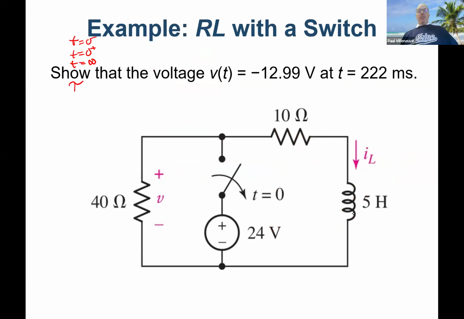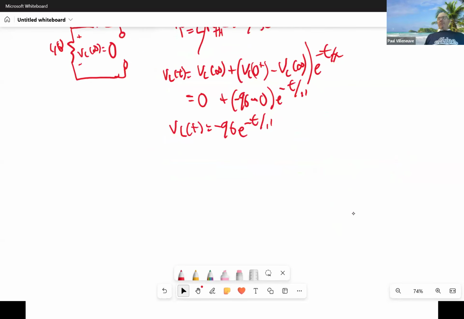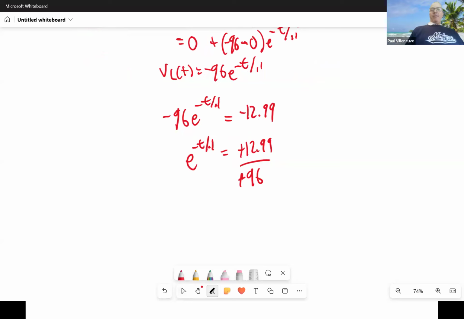So the question was, show that the voltage equals negative 12.99 at 299 milliseconds. We can certainly plug in our value. We can also say negative 96 e to the minus t over 0.1 is going to be equal to negative 12.99. We divide both sides by negative 96. E to the minus t over 0.1 is negative 12.99 divided by negative 96. So the negative signs will cancel.